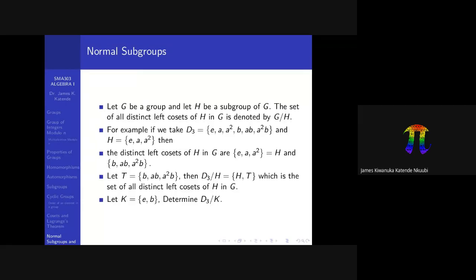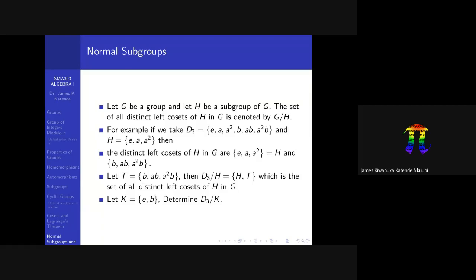That is because of closure. If A is already an element in H, this left coset of H determined by A will always be a subset of H, because if you multiply anything in H by an element that's already in H, you can't get a new element. Remember, a subgroup is closed under the binary operation. So if I multiply anything in H by A, I can't get anything outside H. So AH is always contained in H.